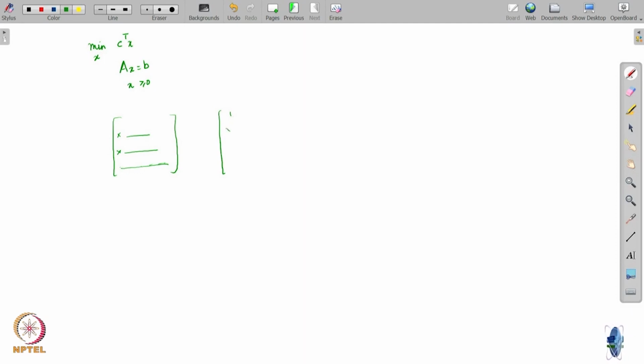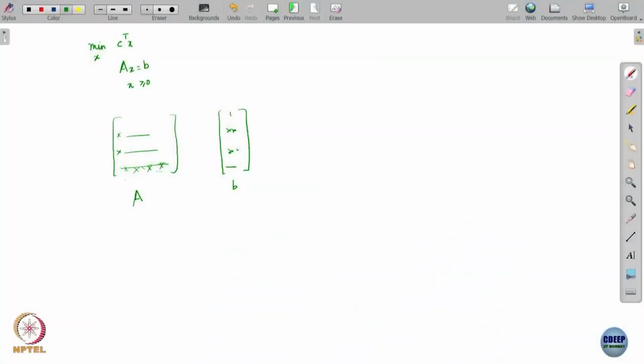Here is your b, this is A. By using row transformations, I can basically make all of these 0. When I am doing row transformations, I am multiplying rows by some constants, adding them to other rows, and subtracting them from other rows. By doing that, I end up making this entire row 0, so it is as good as not present.